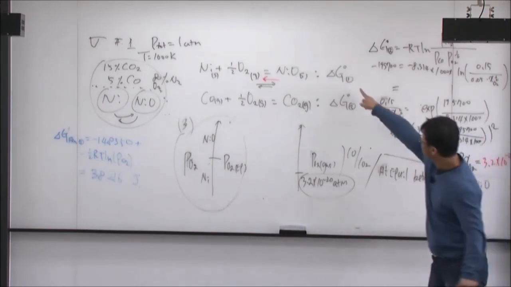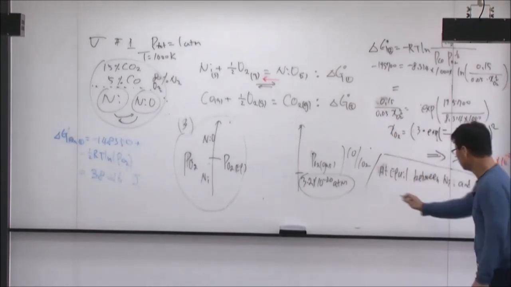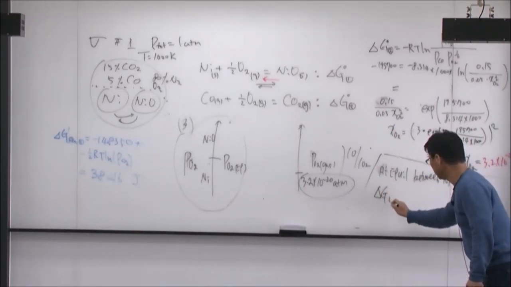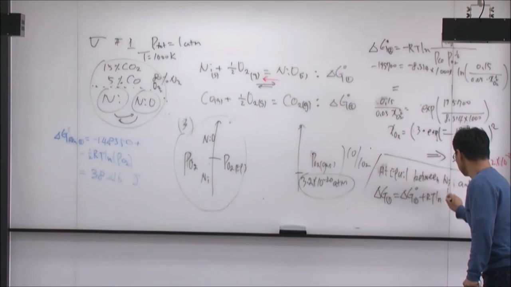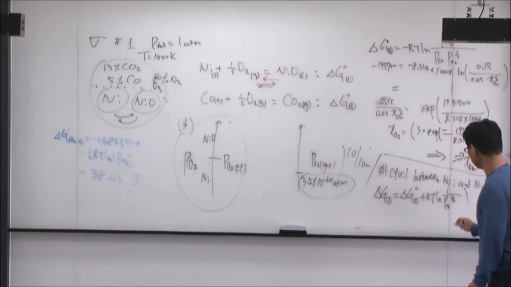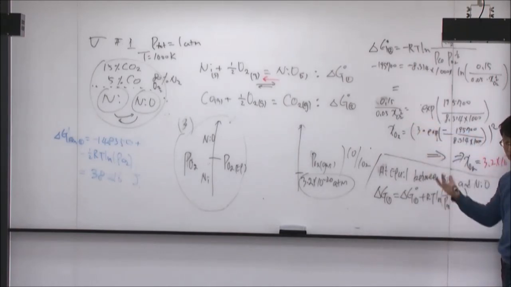Then delta G of reaction 1 should be 0. So delta G of reaction 1 equals delta G naught plus RT ln of the activity terms. Eventually you will get only this value here, because the activity of nickel and nickel oxide is 1, since we are assuming these are pure stoichiometric phases.